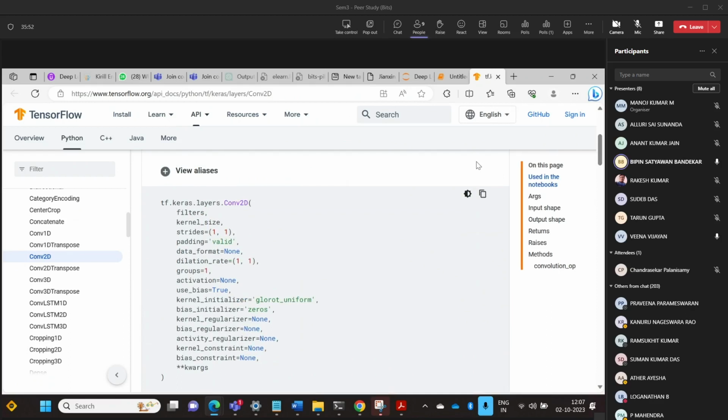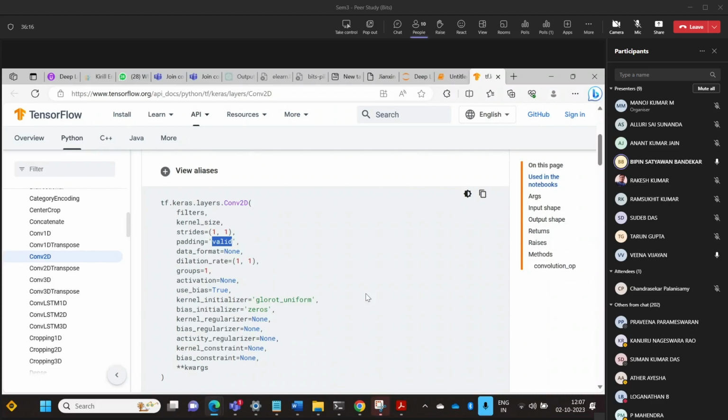So not same. There are two types of padding in TensorFlow: one is valid, one is same. When it is same, the required number of pixels is added as padding by default. When it is valid, it doesn't add any padding.